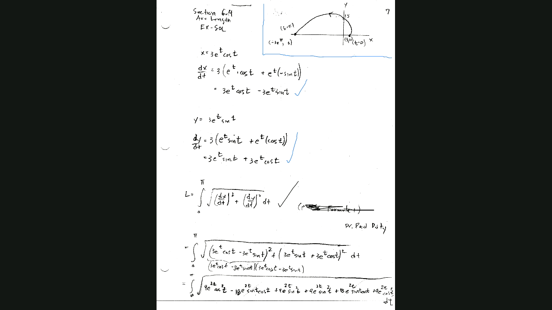And of course, not all the problems can be done, you can't get the integral. To find the exact arc length, you need to be able to find the integral. You need to be able to get the antiderivative. There are some problems where you can't get the antiderivative. And so there you have to use your calculator to compute the definite integral. But WebAssign will let you know in the instructions about that.